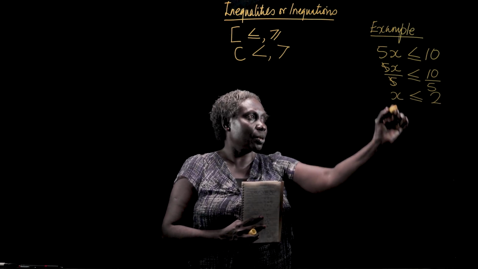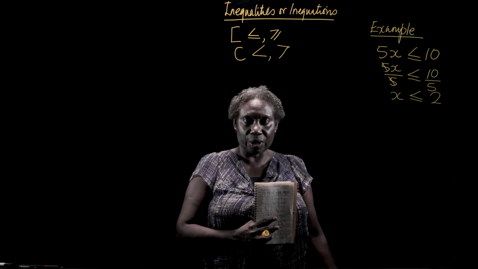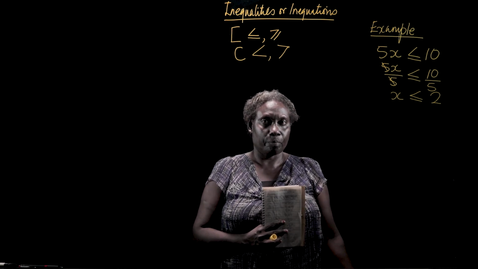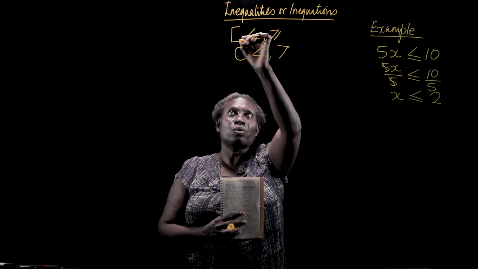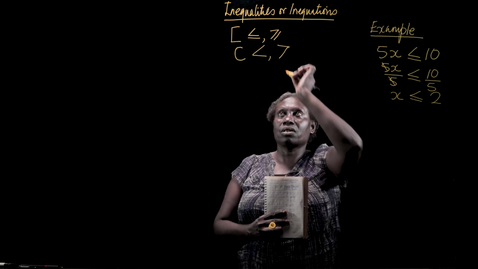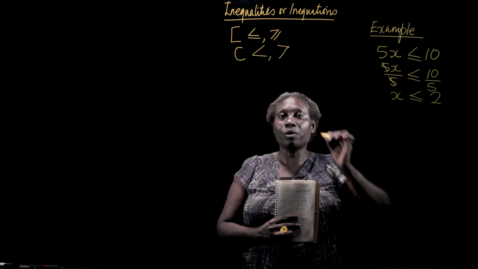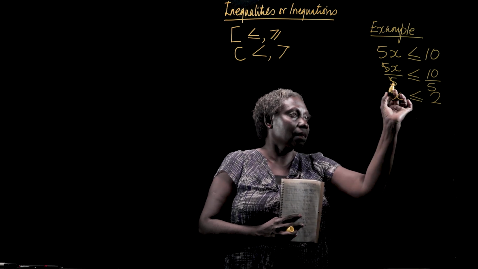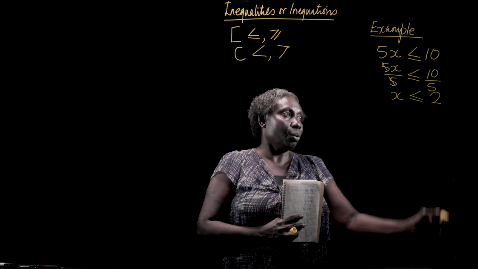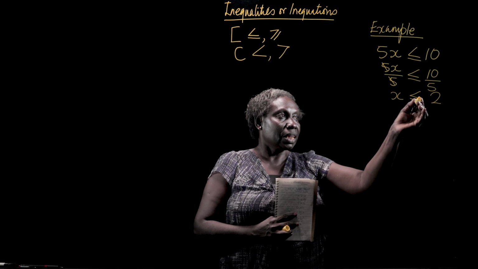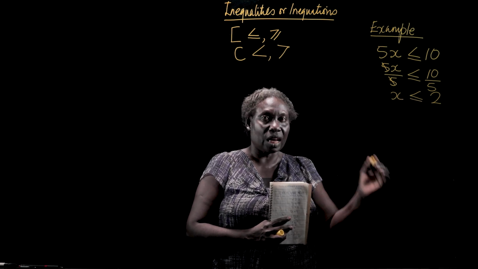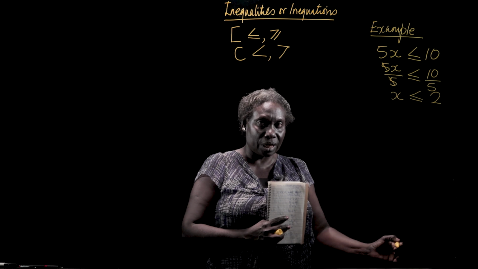Now, how do we express x is less than or equal to 2 in interval notation? That's where we are going to make use of the square bracket and the round bracket. Since x is less than or equal to 2, these are all the set of values which are less than 2, including 2.